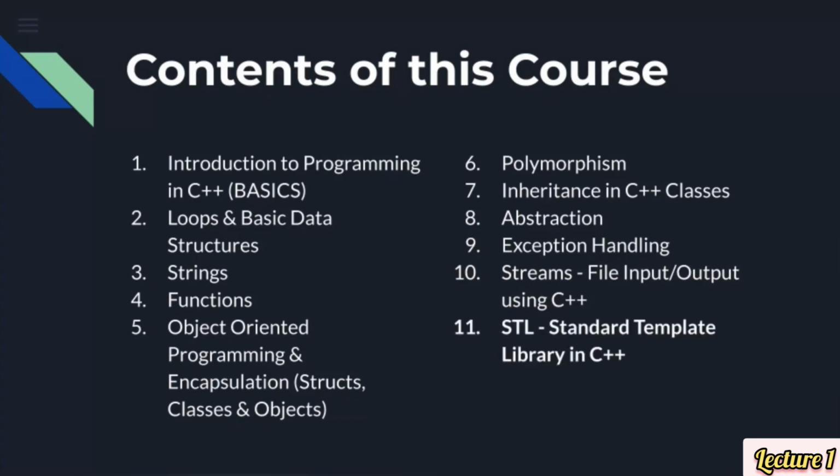And then of course the last unit is the STL of C++, the standard template library of C++. Now this is a very important topic because once you have learned the basics of programming, once you have learned OOPS, you need to learn the shortcuts, the inbuilt, predefined data structures and algorithms that are already built into the C++ programming language, and how we can use them to reduce the time while making a broader, more complex program.